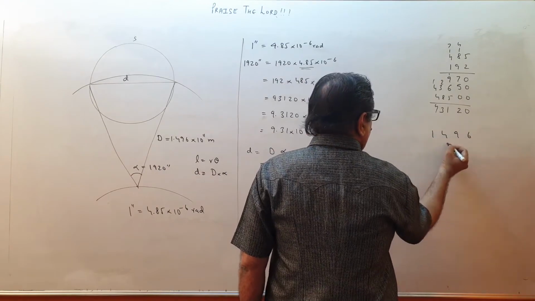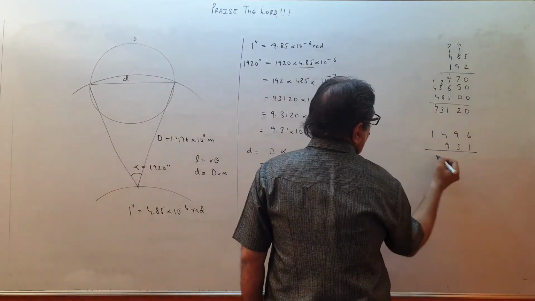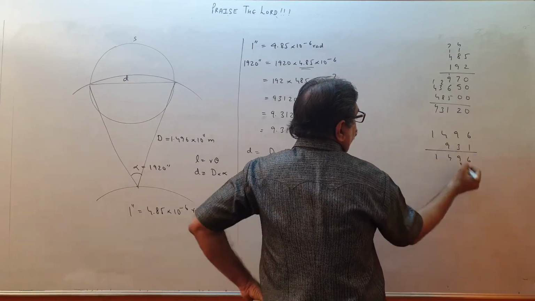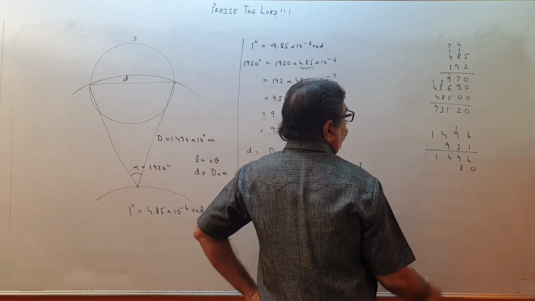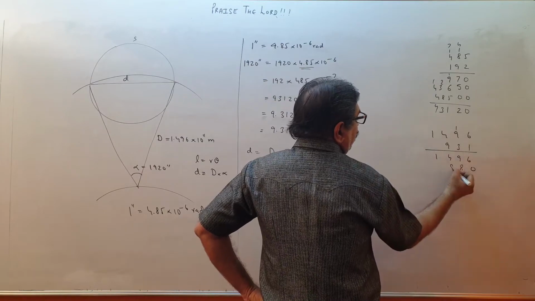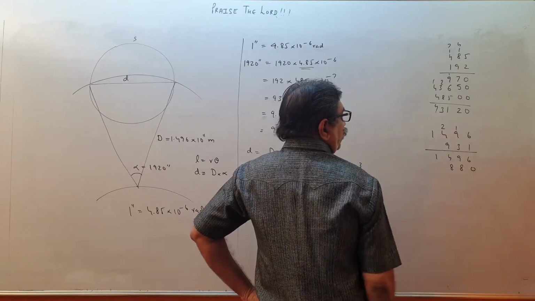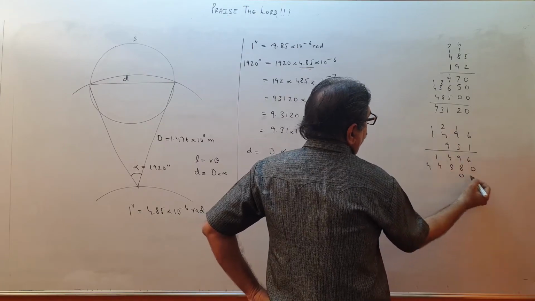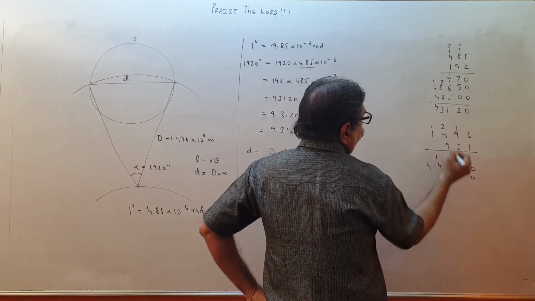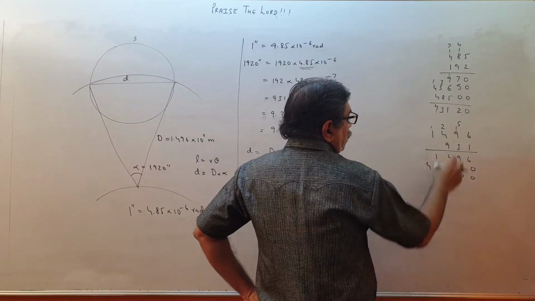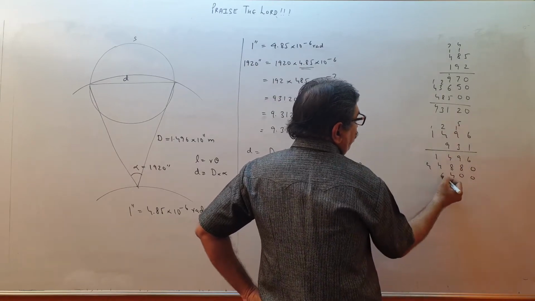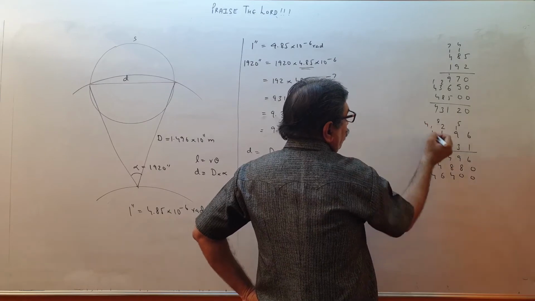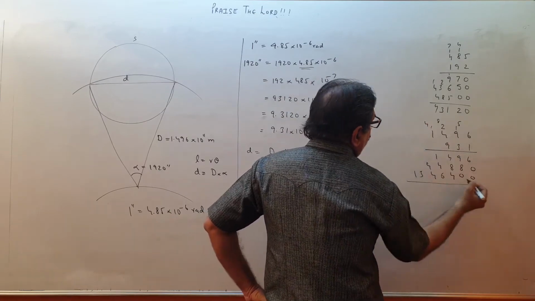1496 and 931. So 1496, 0. 6 threes are 18. 9 threes are 27 and 28. 4 threes are 12. 12 plus 2, 14. 4. 6 nines are 54. 9 nines are 81 and 5, 86. 4 nines are 36 and 8, 44. 1 nine is 9, 13.